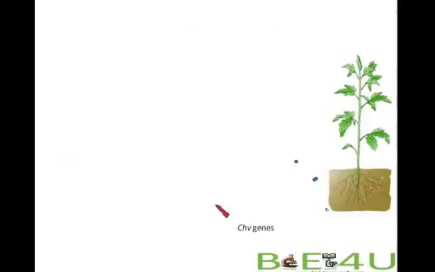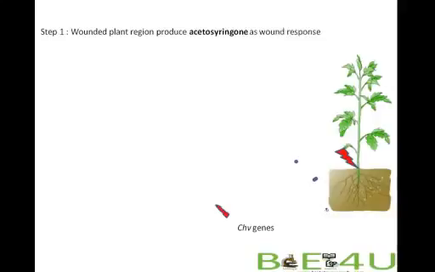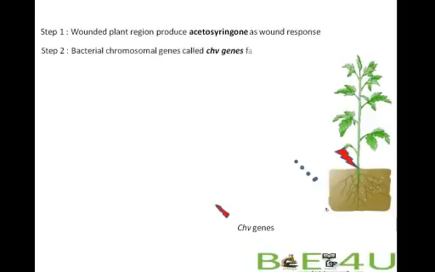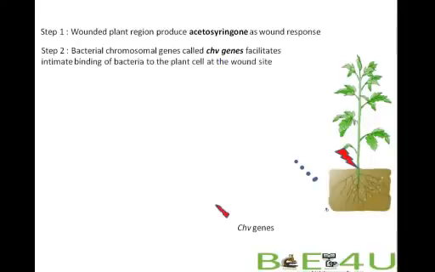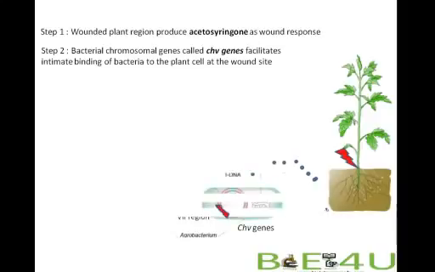Now let us look into the stepwise process of infection. A wound occurs in the plant. The wounded plant region produces a chemical called acetosyringone as a wound response. The bacterial chromosomal genes, called chv genes or chromosomal virulence genes, facilitate binding of bacteria to the wound site.